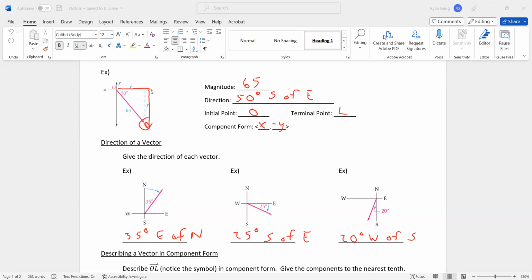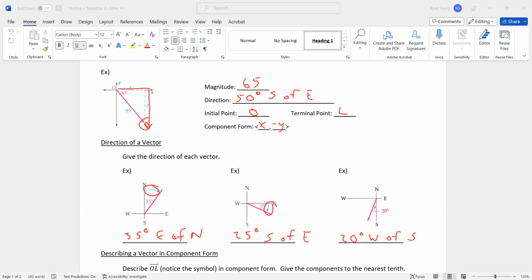So how do you do this? There is a little blue arrow on each of these, right? Well, not on this one, but I'll explain it in a little bit. The last letter you write is where you start. So on the first one, you're starting at the north line, and you're moving towards the east.